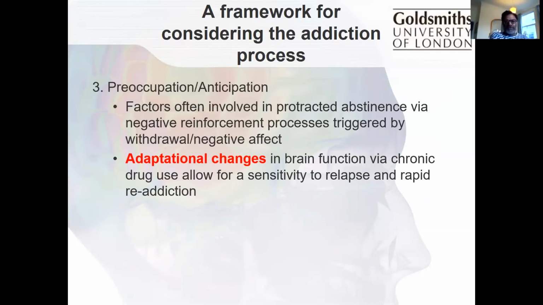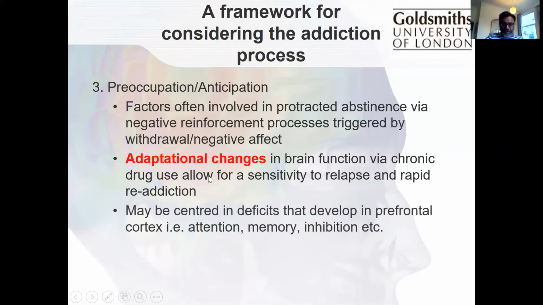So this is all to do with the preoccupation and anticipation, because now it's moved away from pleasurable activity to more to do with control of the behavior. And it's centered in deficits that develop in the prefrontal cortex.